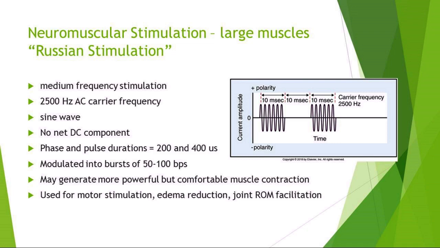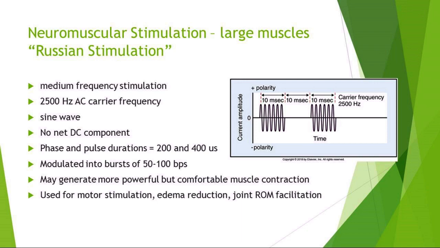So Russian stim, it's called Russian stim because it was developed by Russian scientists. It's a medium frequency stimulation. It has a 2500 hertz alternating current carrier frequency. You don't need to necessarily know all this. It's a sine wave, so there's no net DC component because it's biphasic. The phase and pulse durations are 2 to 400 microseconds.